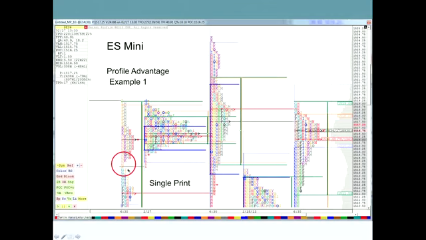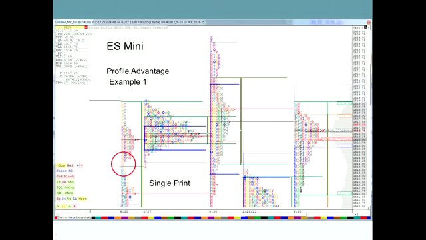Okay, I have a tiny single print with the letter J. Okay, look what happened in period J. It opened down here below, right above the price point of control, and then it jumped, took out the range, the high of the day, and then created a single print that not a single other letter was able to come back and print in front of it for the rest of the whole day.